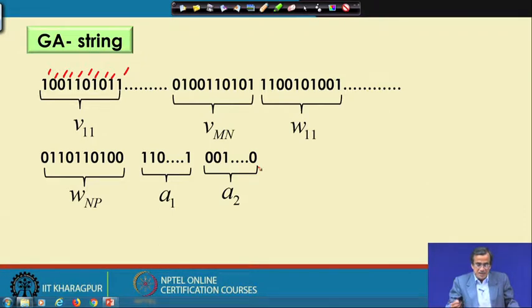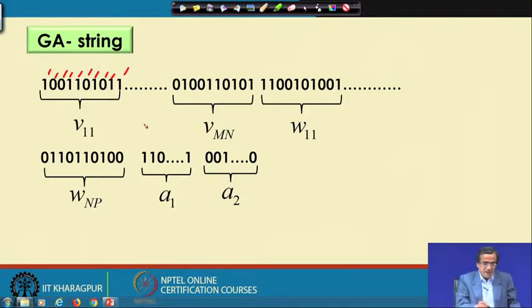So, I am not going to repeat that. I just want to mention that if I have a large number of design variables, and for each variable I use 10 bits, this GA string will be very long, and this representation may not be very efficient. Now, what is the alternative?